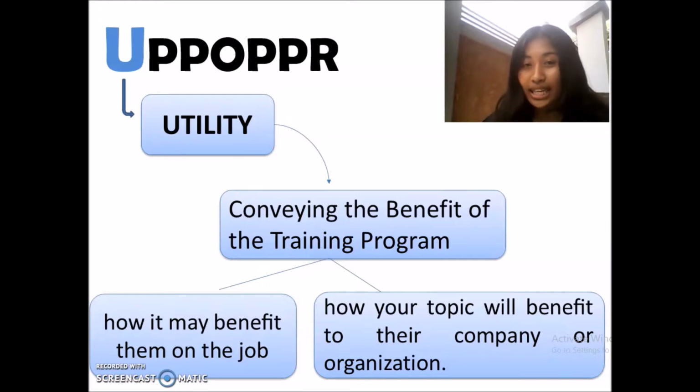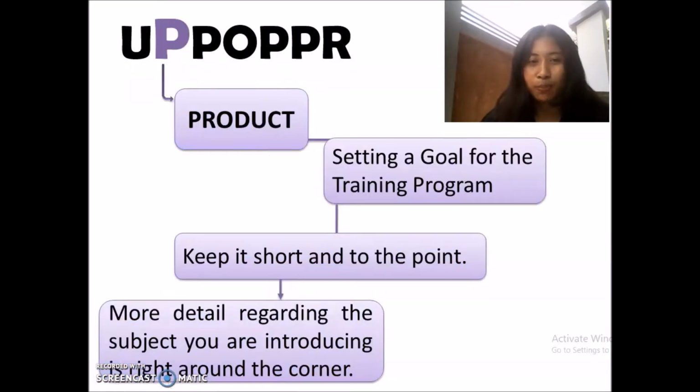Those 3 questions indicate that your presentation should benefit themselves first, second their job, and last their company as well. So the key point for this step is that the presentation should have benefit for the 3 things mentioned before: personal, job and organization.